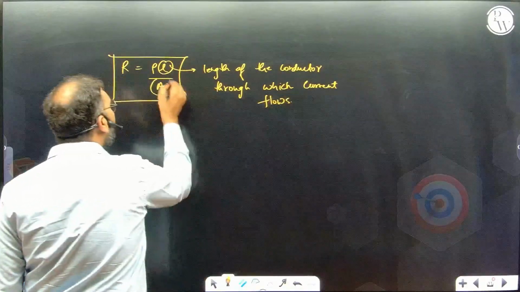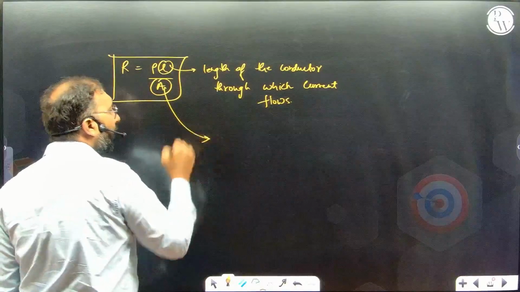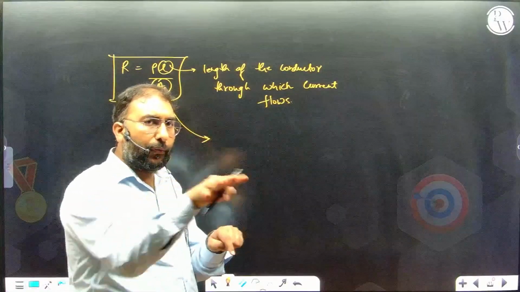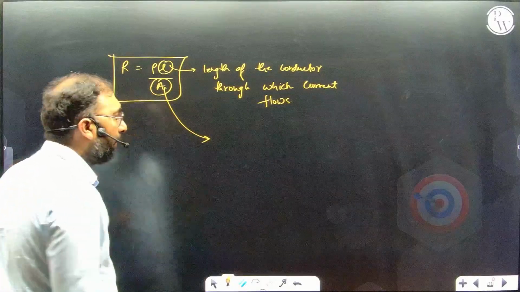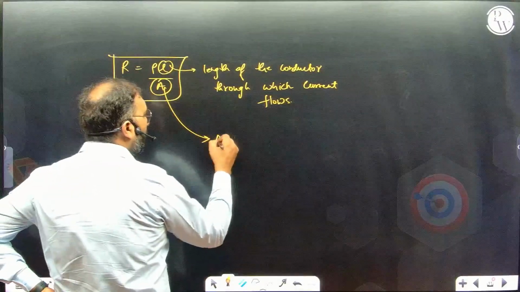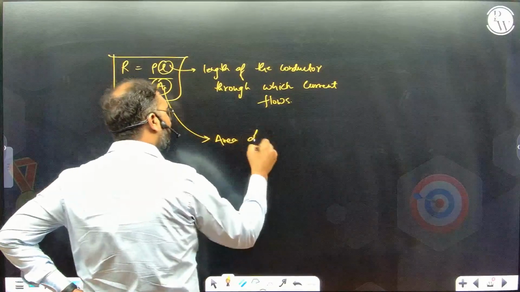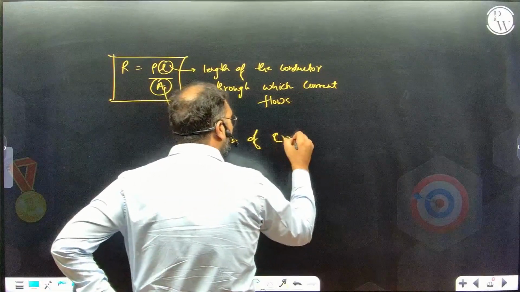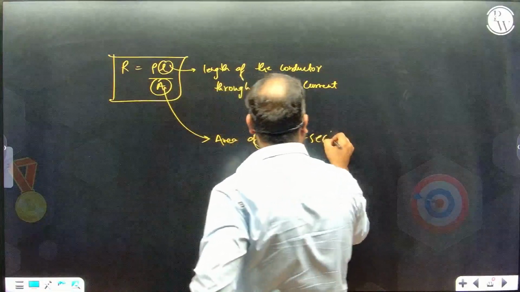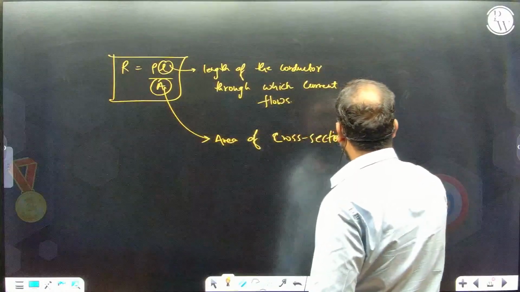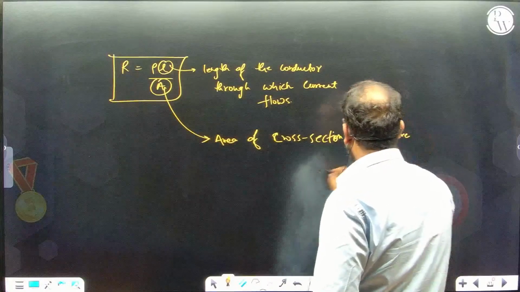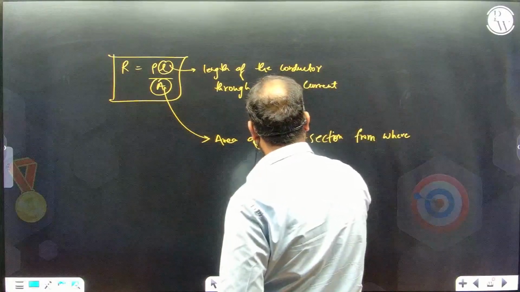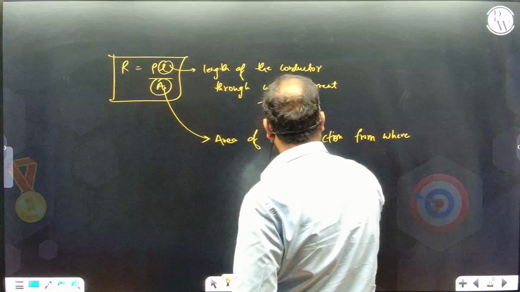And what do you mean by A? Area of cross section from where the charges will flow, or area of cross section from where the current is flowing.